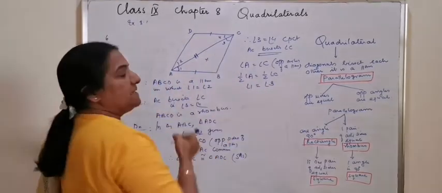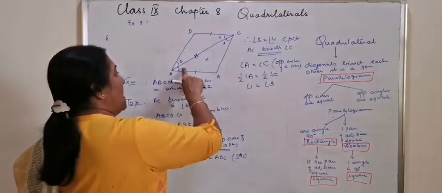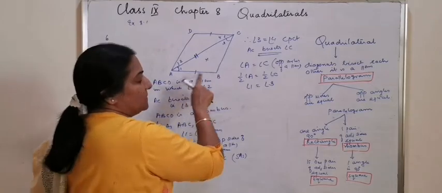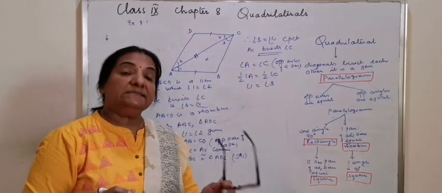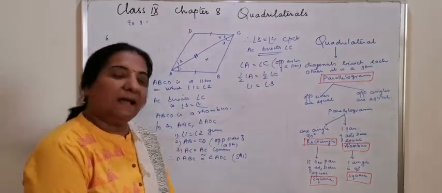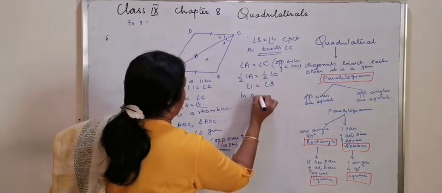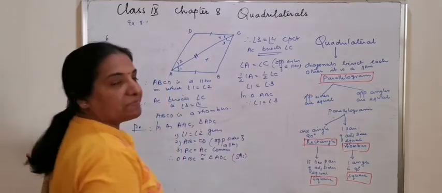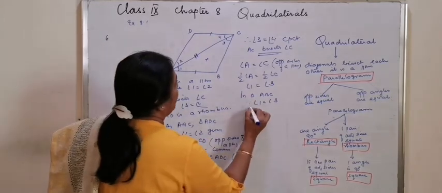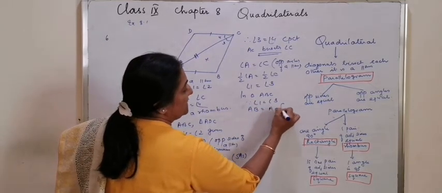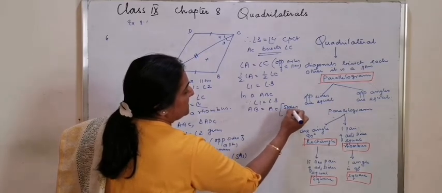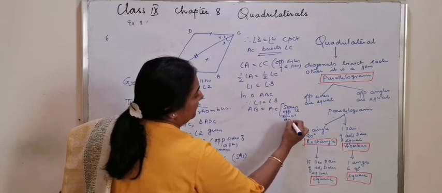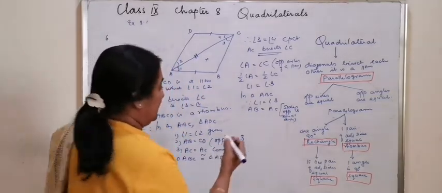In triangle ABC, if angle 1 and angle 3 are equal, immediately BC is equal to AB by the reason sides opposite to equal angles. Since angle 1 is equal to angle 3, the sides opposite to equal angles are equal.